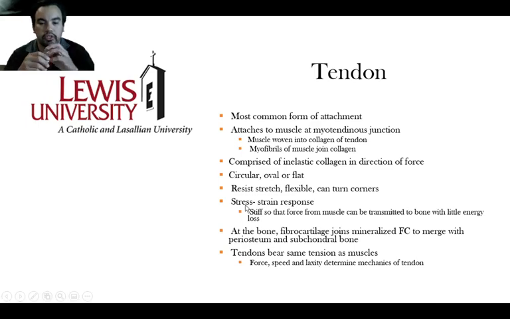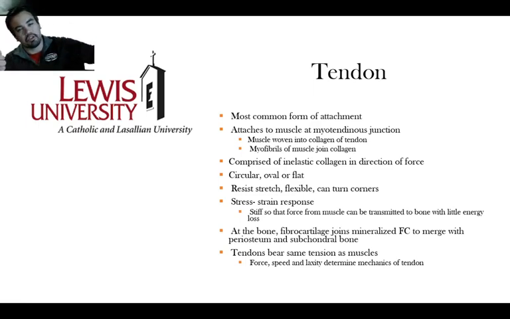They have a stress-strain response that allows them to be stiff so that the force from the muscle can be transmitted to the bone in the correct amount, and you lose very little energy. If they were really elastic, what would happen is as that muscle contracted, the tendon would stretch as well, and now it doesn't work. So imagine trying to pull a 45-pound plate on the ground with a rubber band. What's going to happen if you attach a rubber band to that plate and then you pull on it? You get a stretch.